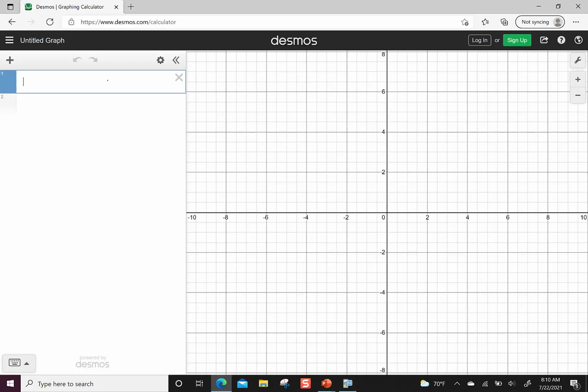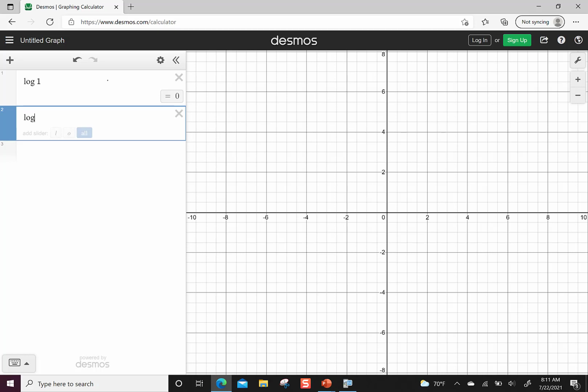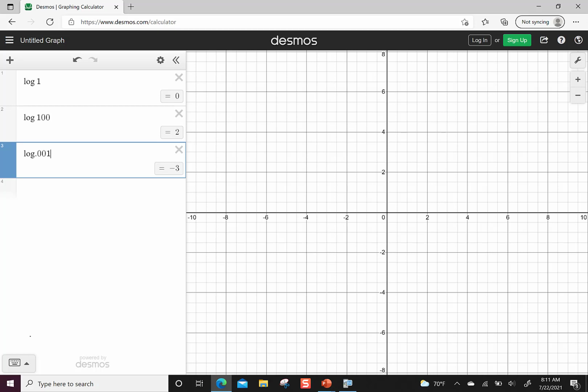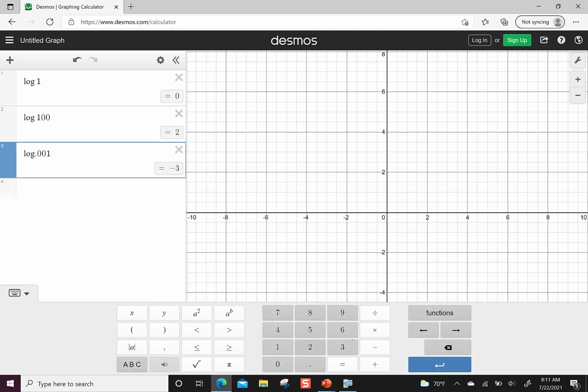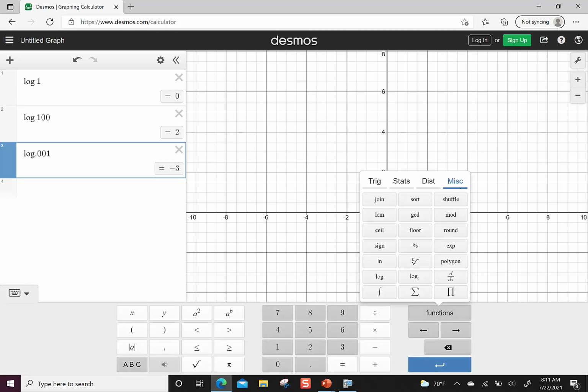And just to show you, you could do the same thing. I popped over to Desmos, and in Desmos I could type log and then put 1. I can type in log of 100, log of 0.001, and it does the same calculations. You could also open the keypad, go over to the functions, and under miscellaneous it has logs. So if you want to do logs using Desmos and you don't want to type it, use the miscellaneous under functions.